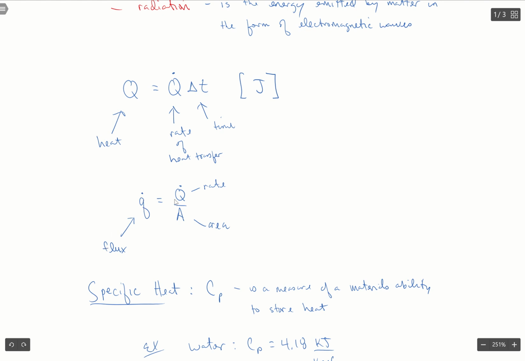And heat flux is nothing but the rate of heat transfer, Q dot, divided by the area, okay? So don't get these three mixed up. We have big Q dot, which is rate of heat transfer. We have little q dot, which is heat flux, which is rate of heat transfer divided by area. And then we have just the heat in joules, okay?